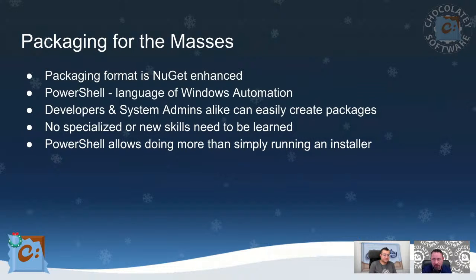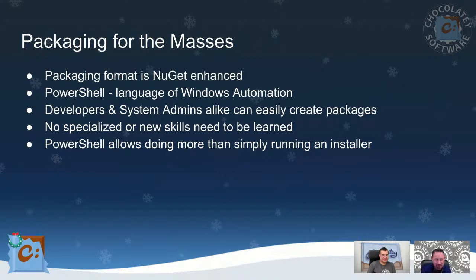Now, we talked about packaging for the masses. We've had that Chocolatey package, and I didn't touch on this, but it is a NUPKG file. Now, I will tell you that the correct pronunciation of this is new package, because it has the word package as part of it. I will tell you that if Gary's on or other people are on right now, they're going to tell you it's NUPKeg.